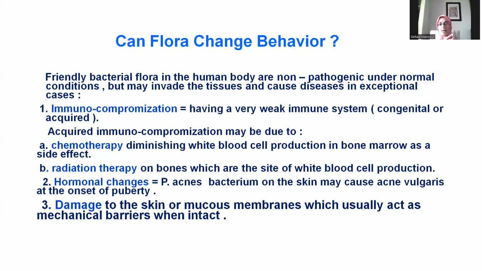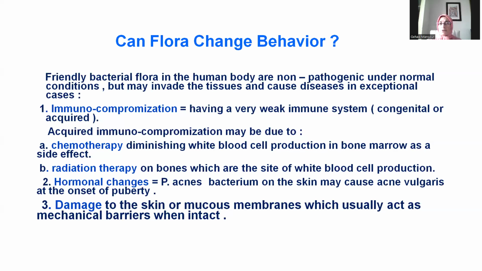When you have a very weak immune system, whether congenital, meaning that you're born with it, or acquired, meaning that you were born normal, but for a reason, for example due to medication or an acquired disease like AIDS, you became immunocompromised.